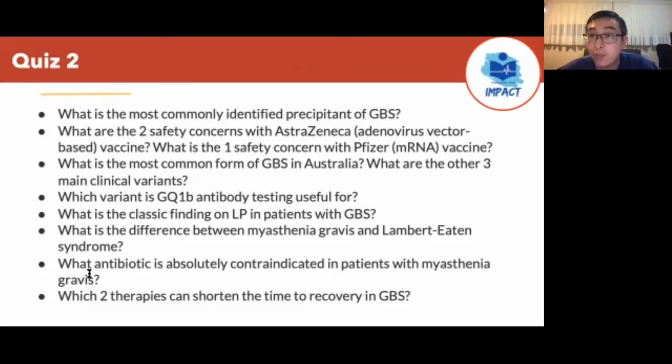Yeah, there actually have been case reports of fluoroquinolones causing neuromuscular blockade, but the main one is actually aminoglycosides. So gentamicin is the one that's absolutely contraindicated in myasthenia gravis. Anyway, and the 2 therapies are IVIG and plasma exchange.